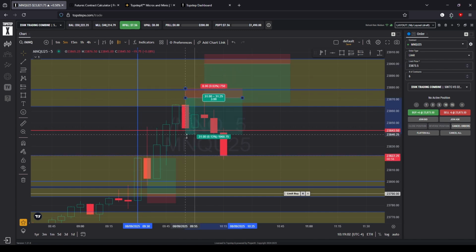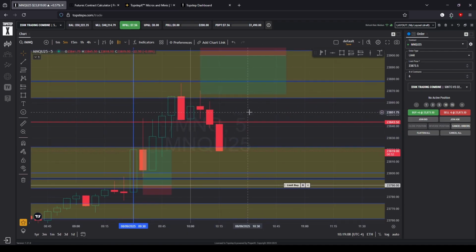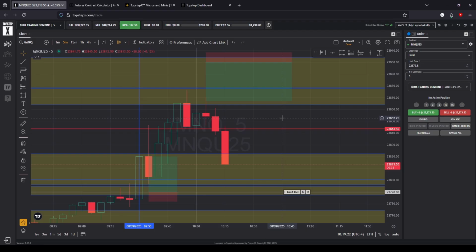I would have trailed my stop loss down here, and that would have been like $600 or something. But it's okay, there will always be more opportunities. Like I said, I'm not too salty about it, but it's weird that that bug happened. Maybe it's my fault, I'm not too sure.